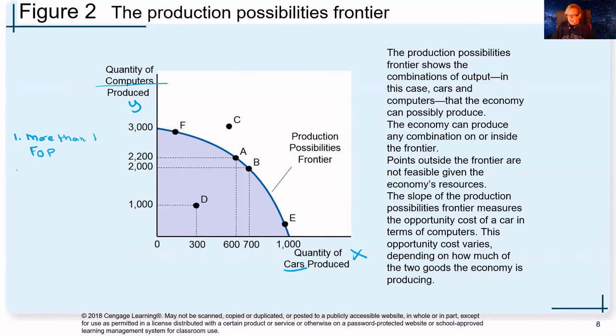Second reason why it might be bowed out shape, because the factors of production used to produce computers are different than the factors of production used to produce cars. So factors of production of each product is different.